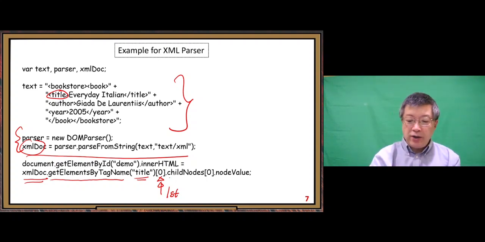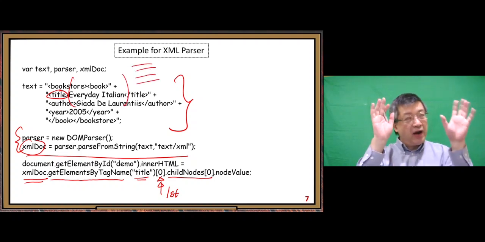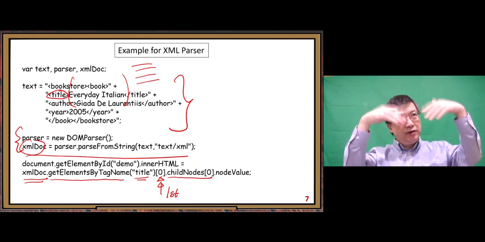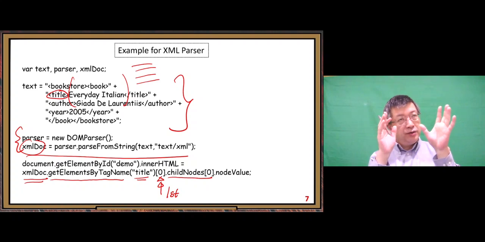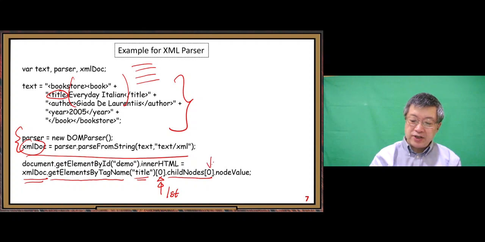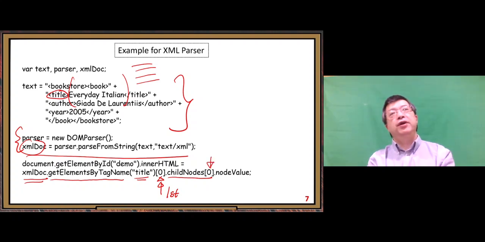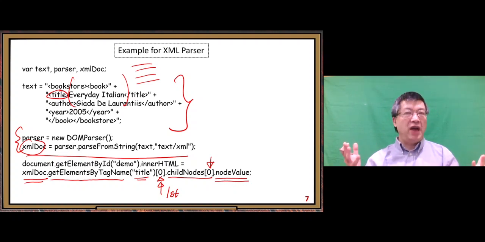Then dot childNodes, because in this element you may have a list of other elements, child elements, a list of nodes. We treat those nodes as an array of nodes, so you access the first child node, then you retrieve the node value, the content of that element.